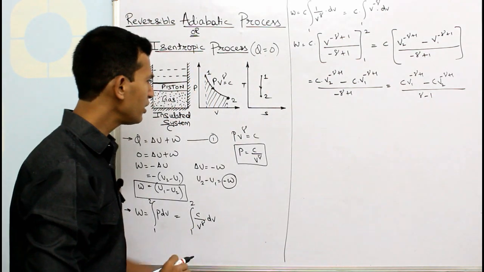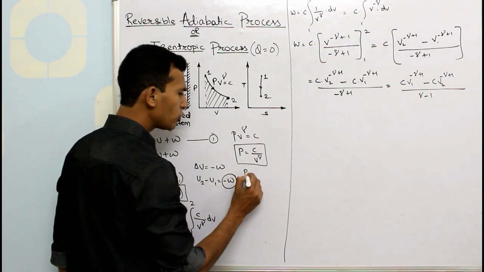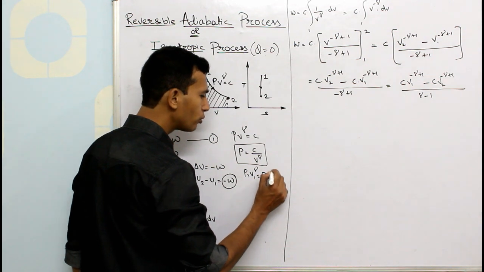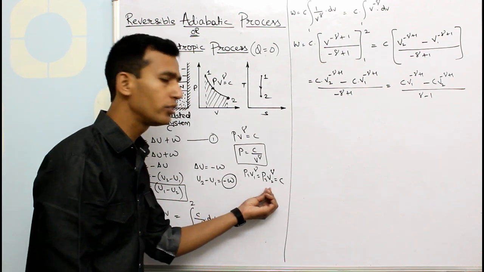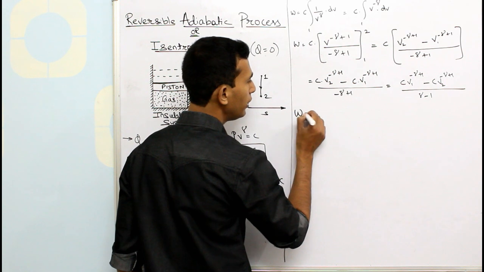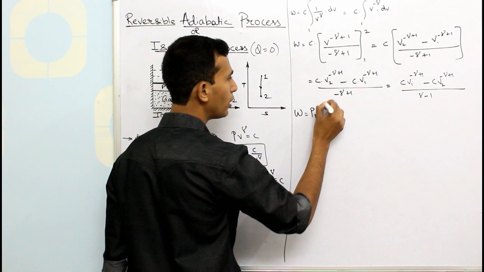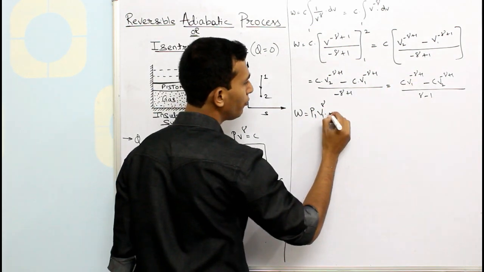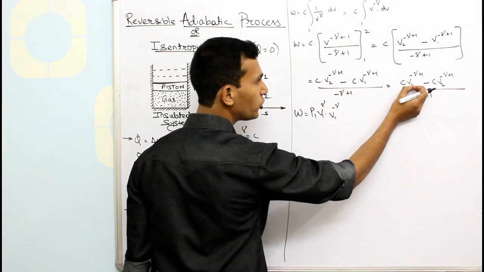Now what is C? It is nothing but PV raised to gamma equals C. So we can write it as P1 V1 raised to gamma equals P2 V2 raised to gamma equals C. And hence I can put these values in place of C. So putting these values, we get W equals, in place of C I have put P1 V1 raised to gamma. Then this term remains V1 raised to minus gamma. We have this base and this as a power.